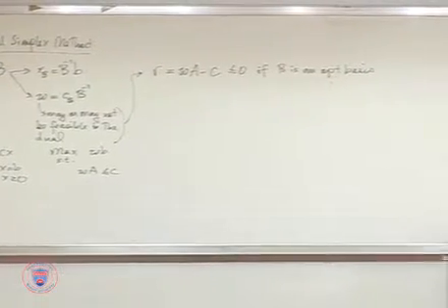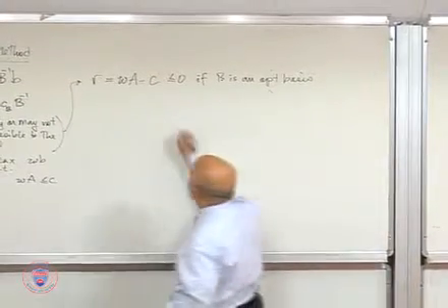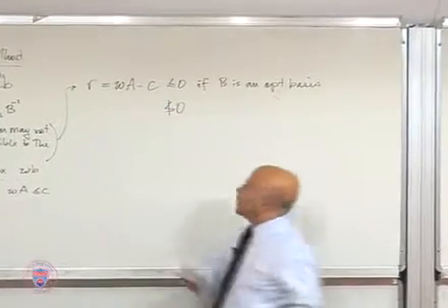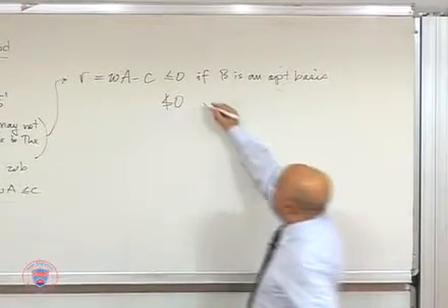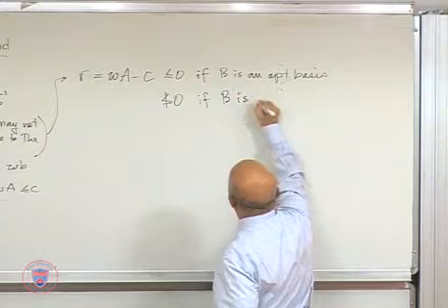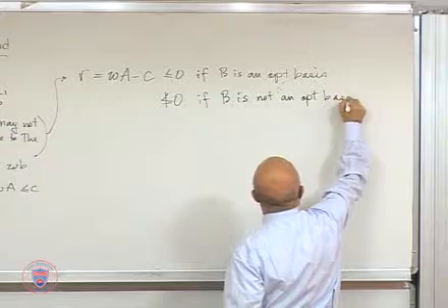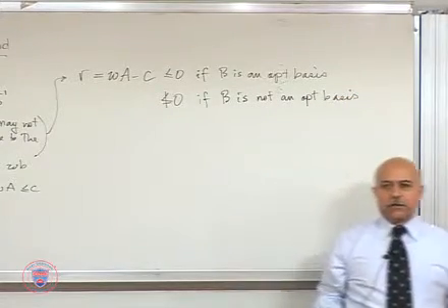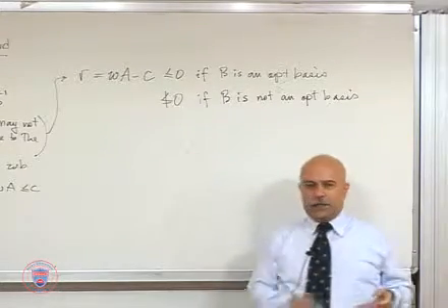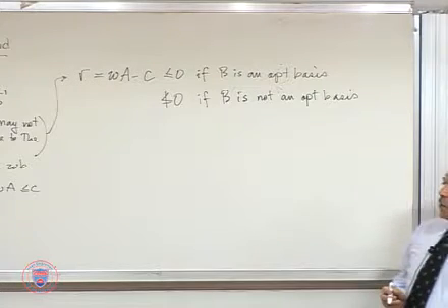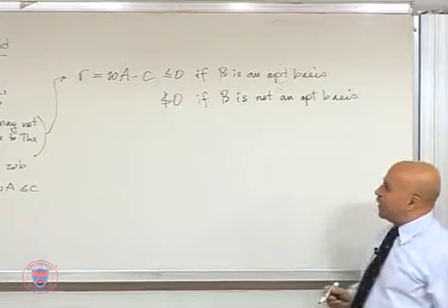That's how you stop: all reduced costs are non-positive, so there's nothing to enter. However, it will have at least one positive component if B is not an optimal basis. In that case, of course, there's at least one reduced cost which is positive. Not less than or equal to 0 means at least one component is positive, in which case you can enter that and get better in the objective function's value.